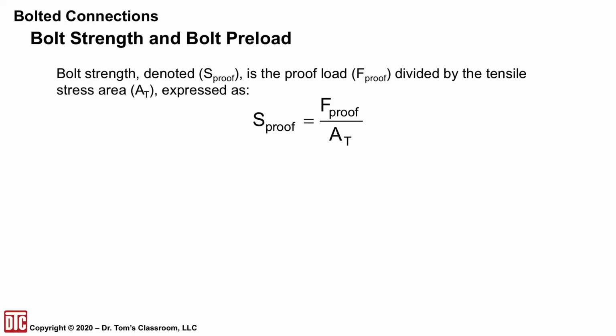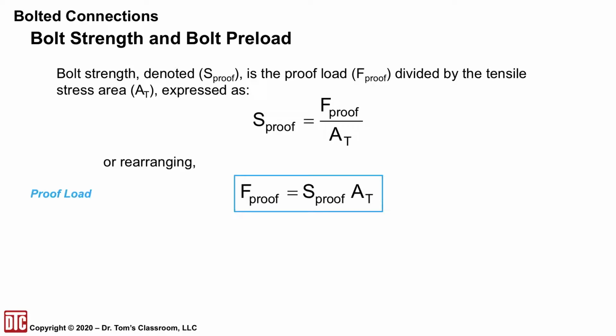Okay, for the bolt strength and bolt preload here, bolt strength is denoted S proof. Proof load F proof is divided by the tensile stress area A sub T. Or rearranging, the equation you have in the reference handbook is F proof is S proof times A sub T, although they just call it FP and SP.